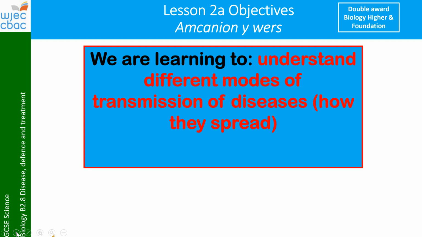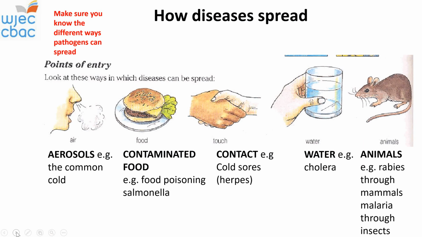So hopefully you've got some ideas based on what we've all been through in the last year with the COVID-19 pandemic. So points of entry, okay? When we're looking at how diseases spread, we look at how they can actually get into our body. The most common way that we get ill is through aerosols, okay?